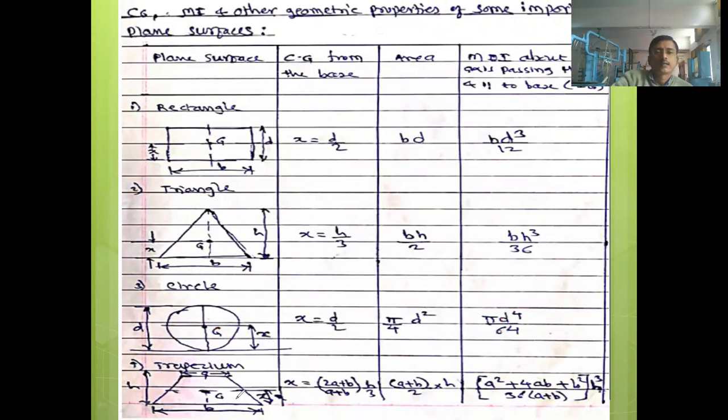Trapezium. Trapezium is generally not asked in examinations, but you should know, so that's why I note it down. The larger side is denoted by B, and the smaller side by letter A. The distance between these two parallel lines is H. Then X is equal to (2A plus B) upon (A plus B) into H by 3.